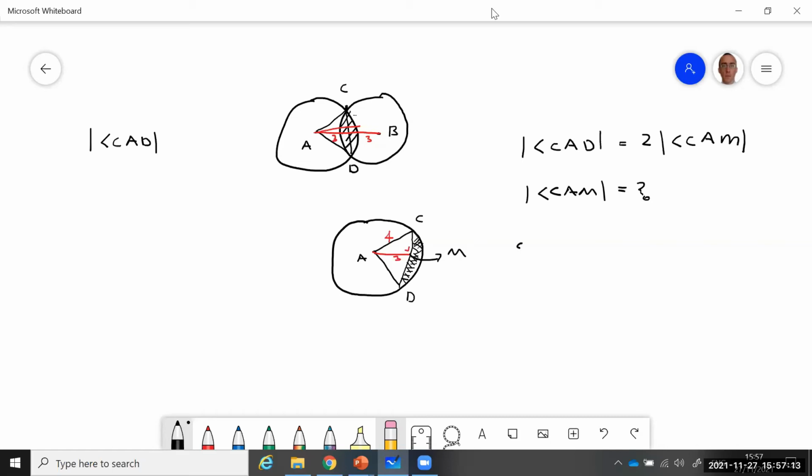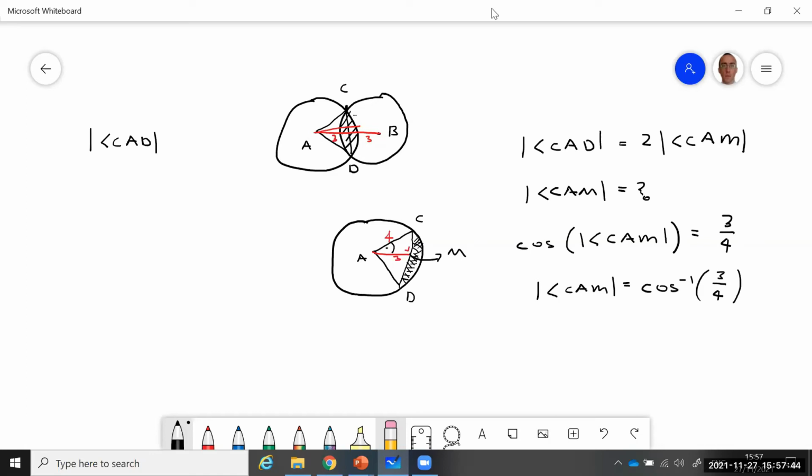But we can say that the cosine of the measure of angle CAM equals 3 over 4. So that's this angle in here. And therefore the measure of angle CAM is the inverse cosine of 3 over 4.